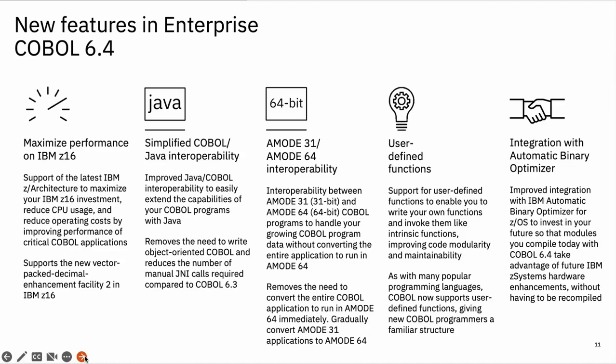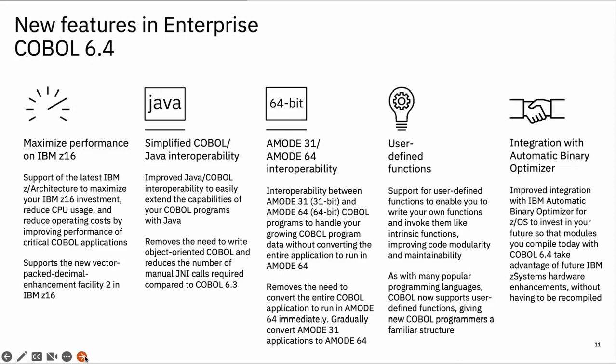So we added AMODE 64-bit support, which gets you beyond that 2 gigs of addressing space. We also give you the convenience of making your 31-bit programs interoperate with 64-bit programs and vice versa. So you don't have to convert the entire COBOL application to AMODE 64 just because certain programs need to go beyond that 2 gigs addressing space.